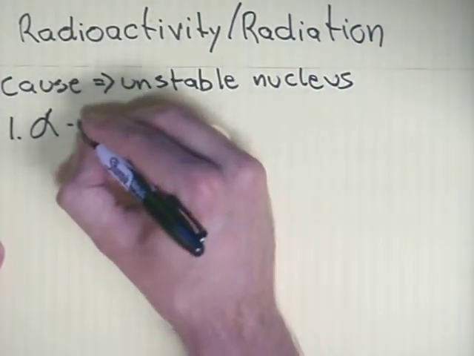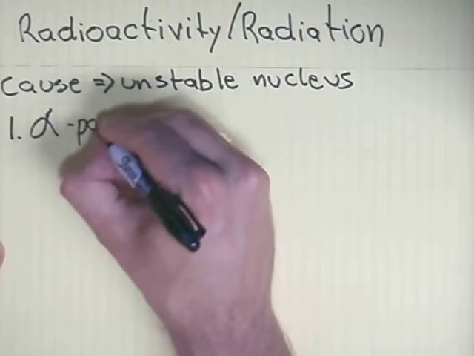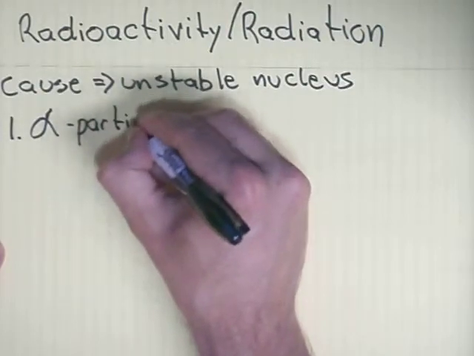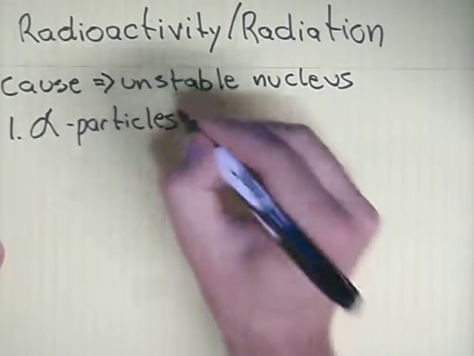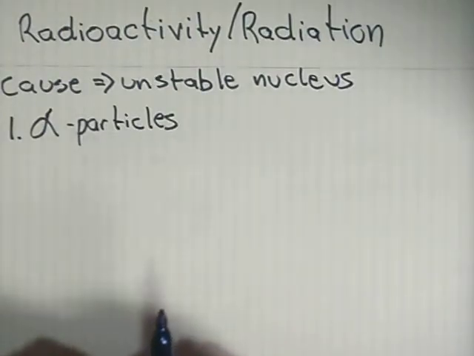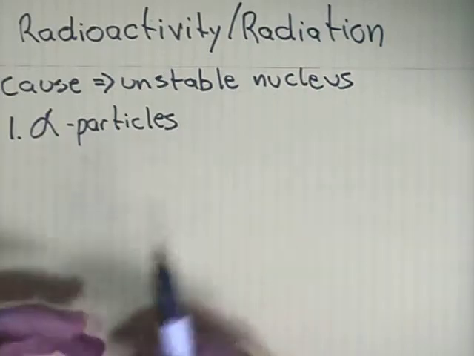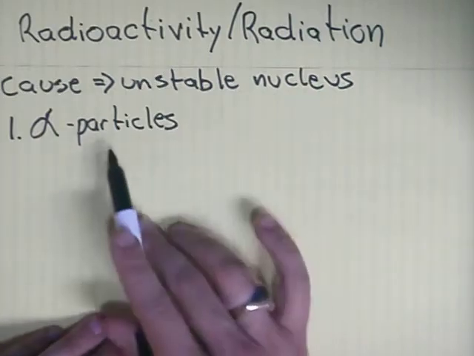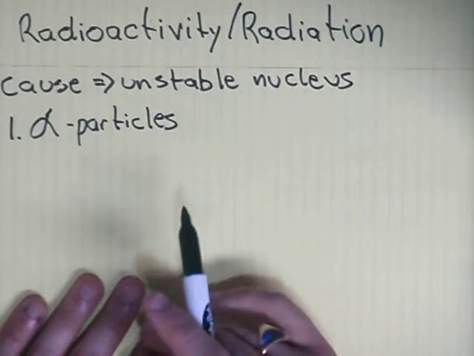And so alpha particles, we often see with bigger elements. So like uranium, like plutonium, when they have radioactive decay and the nucleus starts to break apart, alpha particles will be one of the first things that they'll pop out.